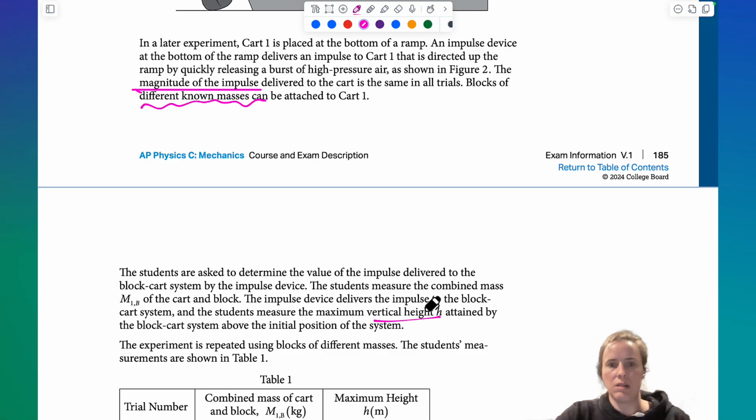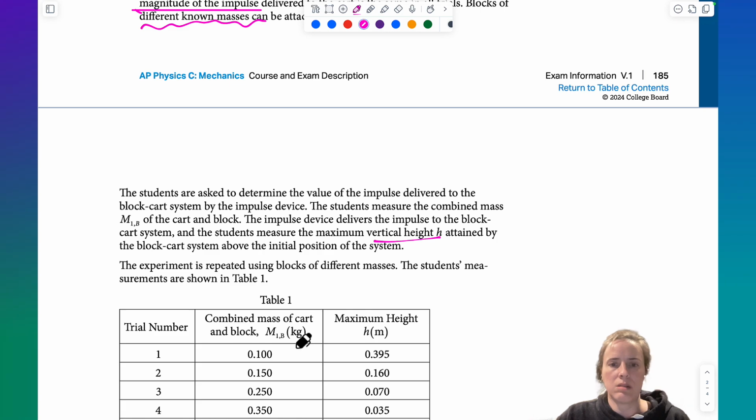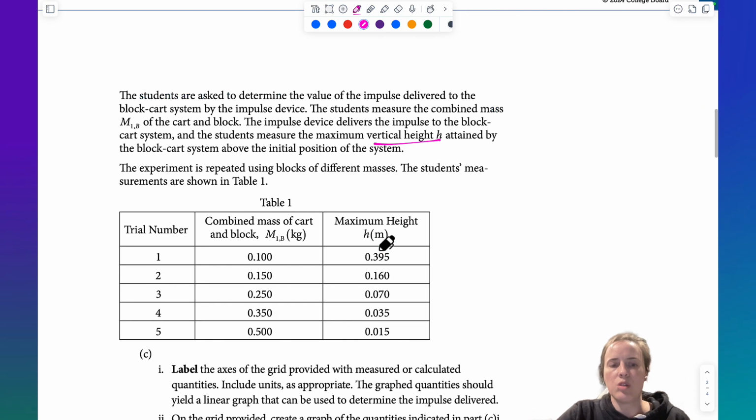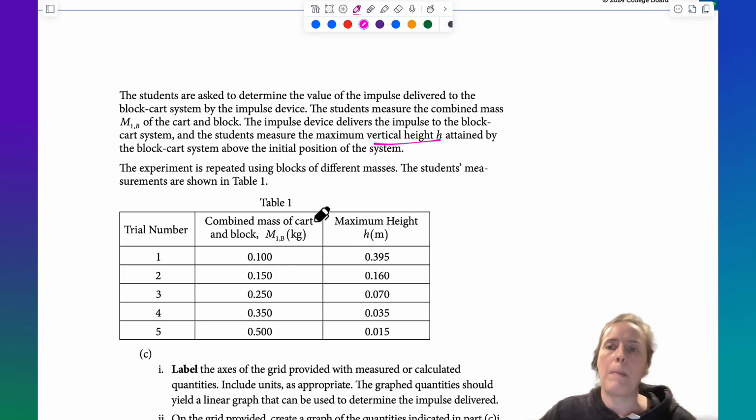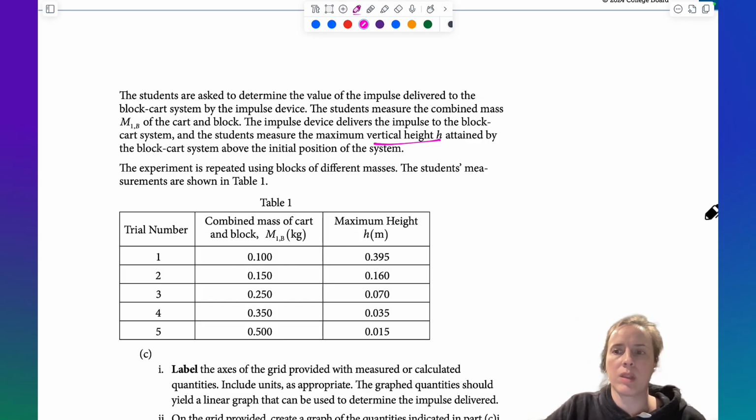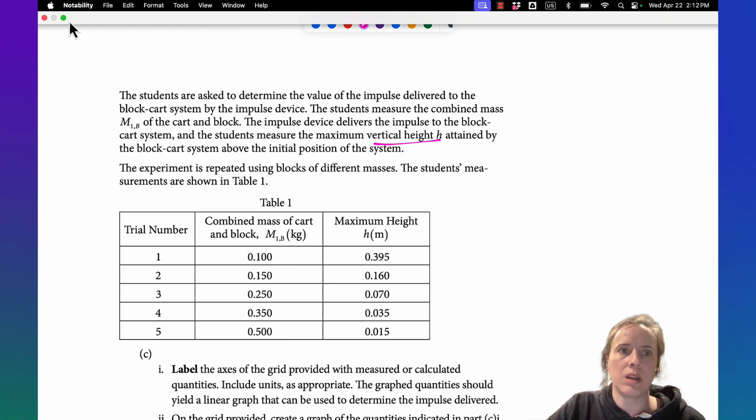So we're measuring the total mass and then the height that it goes after it gets that impulse, right? So whenever you get here, if you read it and you're like, I don't know how to find impulse given some mass and a height, but they give me a data table, what we can do is let's go pop that data table over into Desmos and see what it looks like.